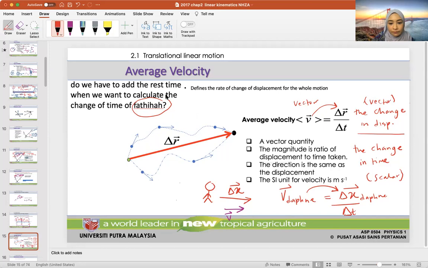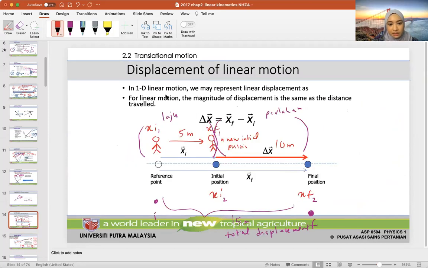Let's see. Earlier we talked about Daphne, now we talk about Fatihah here, right? Okay, so earlier Fatihah was moving. Let me write this nicely. It's so awful. Okay, so total displacement is 15, we know that. Let's say she moves from x initial 1 to x final 1, 5 meters. If we follow Daphne's rate earlier, we should achieve this in around 6 seconds.